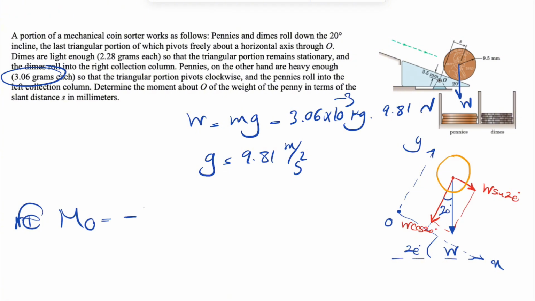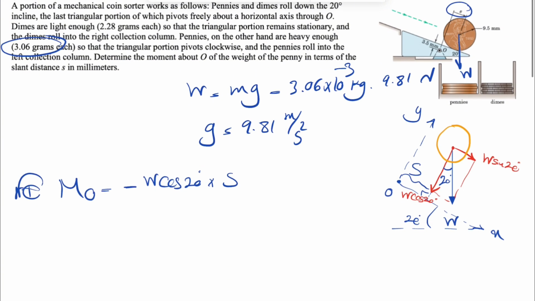So we have W cosine of 20 degrees, and the distance we are interested in is the perpendicular distance to the line of action, which from the question is S. So times S, that's the moment of the Y component.